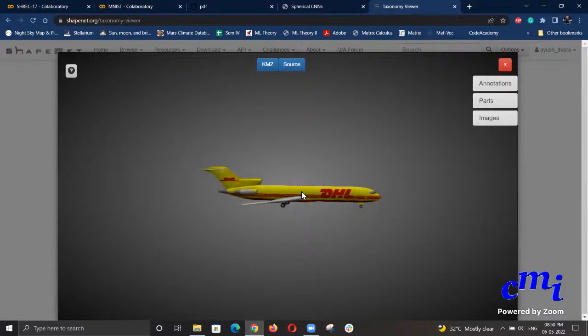You can think of it as rays coming radially outward from the center of this airplane. Whenever they hit the sphere, some reading is recorded. That's how this particular airplane is projected over the sphere, and that is how we are converting the 3D model into the spherical image.